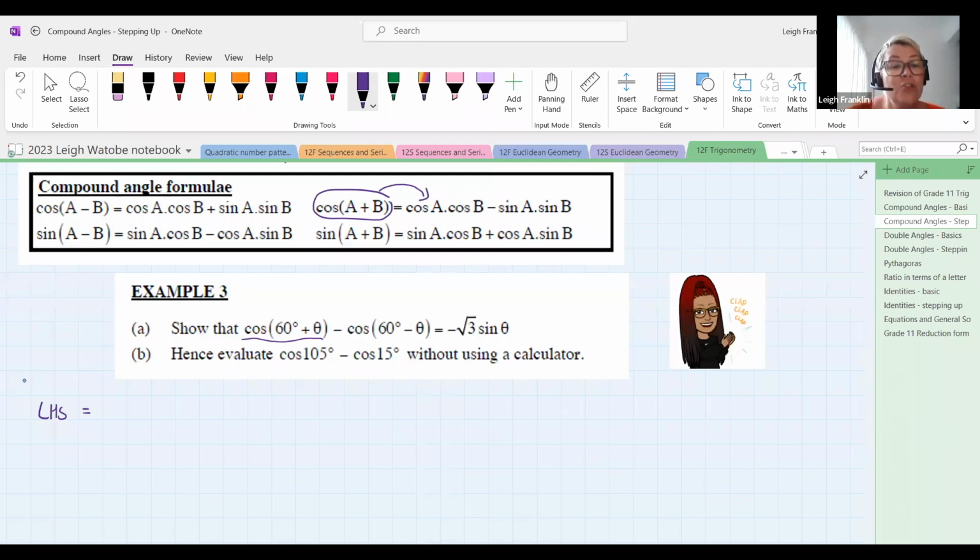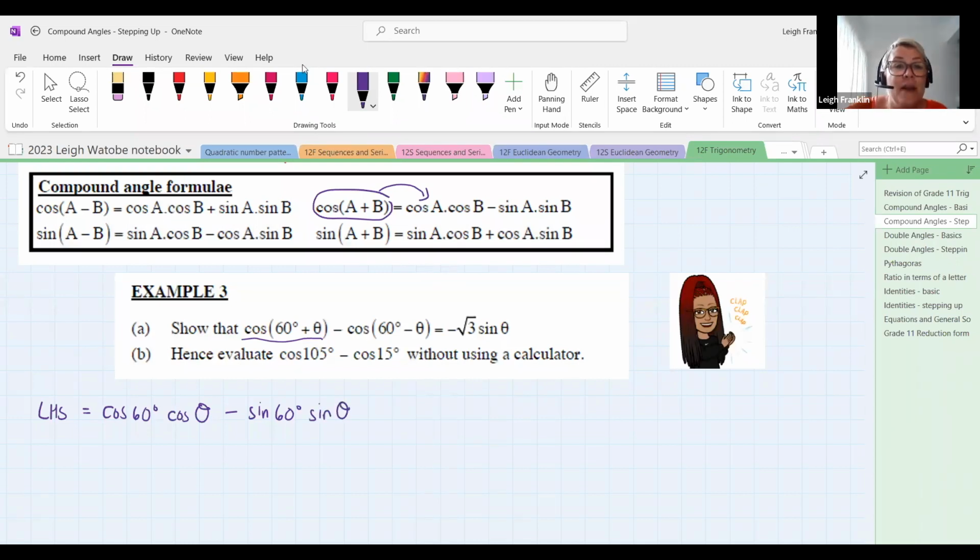What is essentially one term is going to become two terms. Expanding this, I would end up with cos 60 cos θ, and then remember, cos doesn't keep its sign, so this is going to be minus sin 60 sin θ.